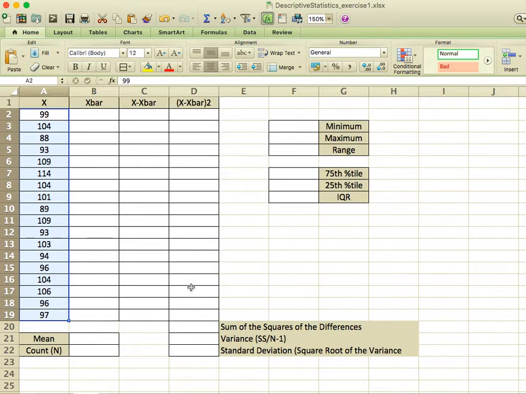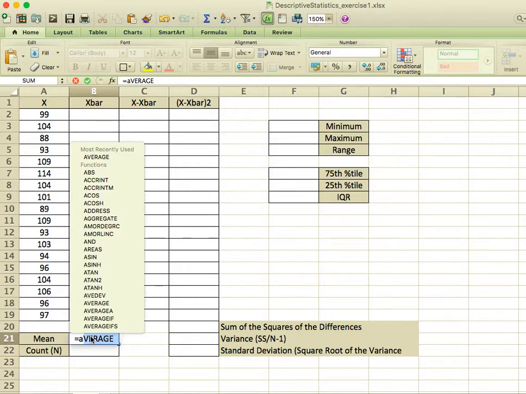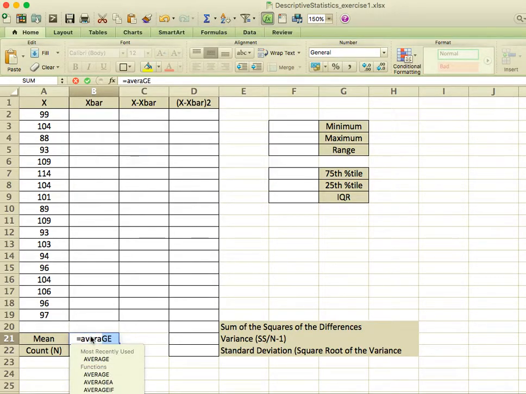One way for me to describe the center of this distribution or this sample is the mean. And I'm going to go click down here, and as it happens, I know that there's a function built into Excel called average. So I'm going to use that, equals average. Now notice as I fill it in and put in my first parenthesis, it gives me a hint here.